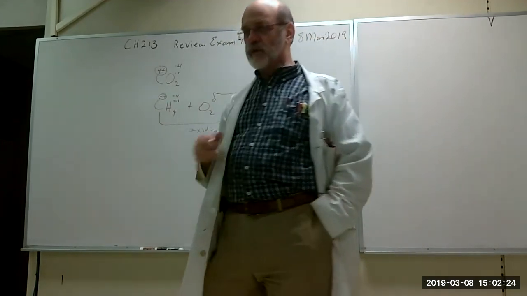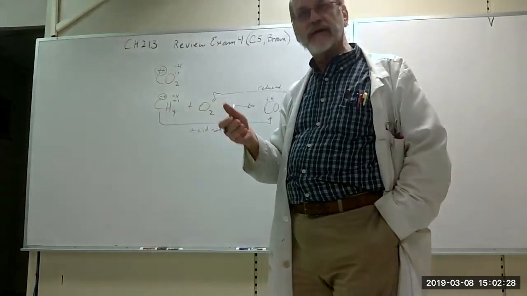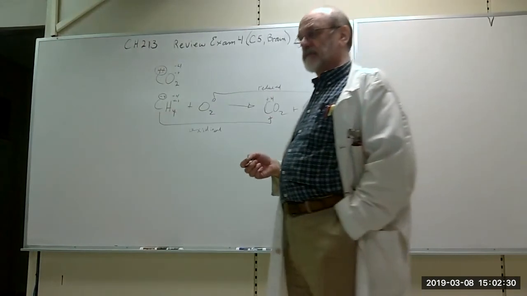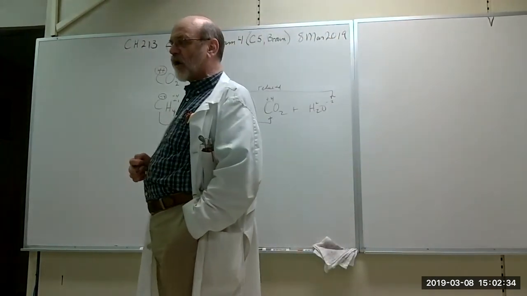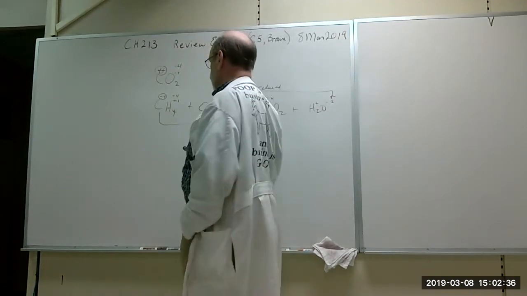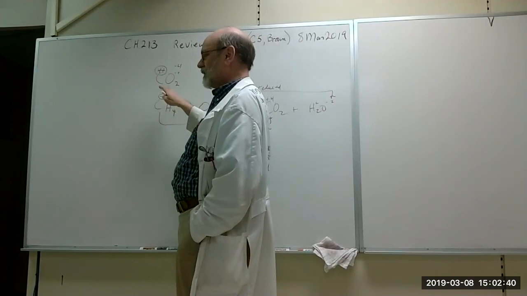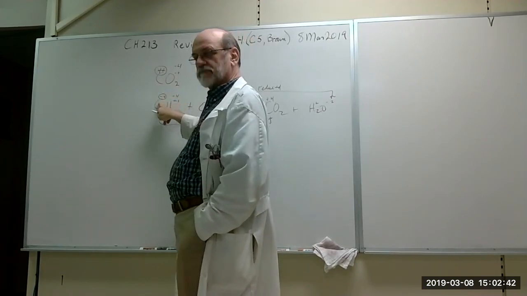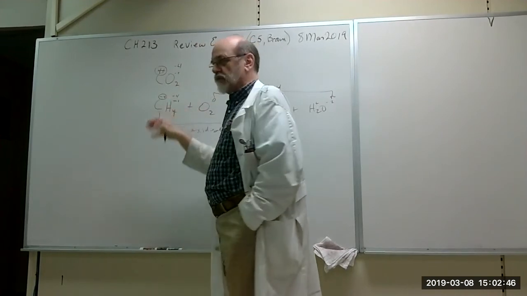So you need a reduced compound of some kind to serve as a fuel. That's why all the hydrocarbons are good for fuels, because the carbon in hydrocarbons is at most -4. Sometimes they're less, but they're all reduced.